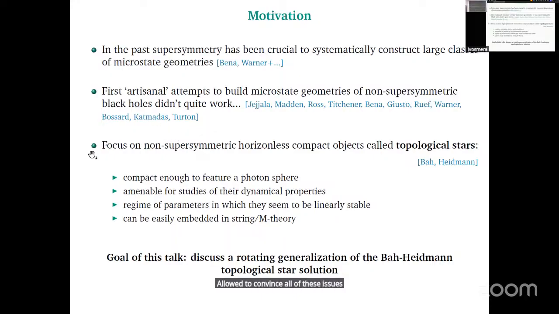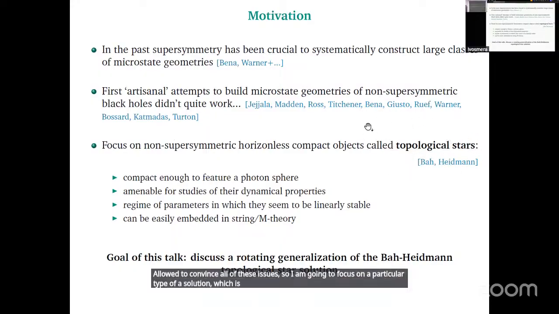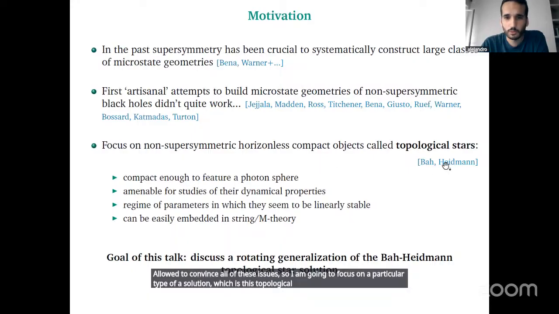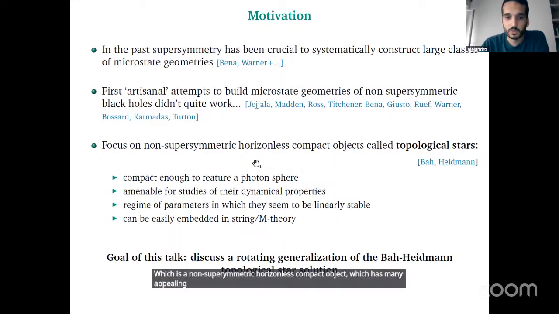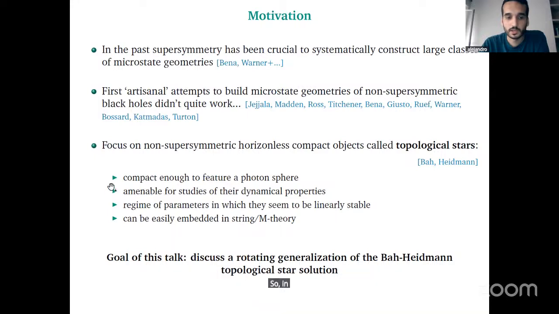So I am going to focus on a particular type of solution, these topological stars that we have already heard about, which is a non-supersymmetric horizonless compact object, which has many appealing properties. In particular, it is compact enough to feature a photosphere.